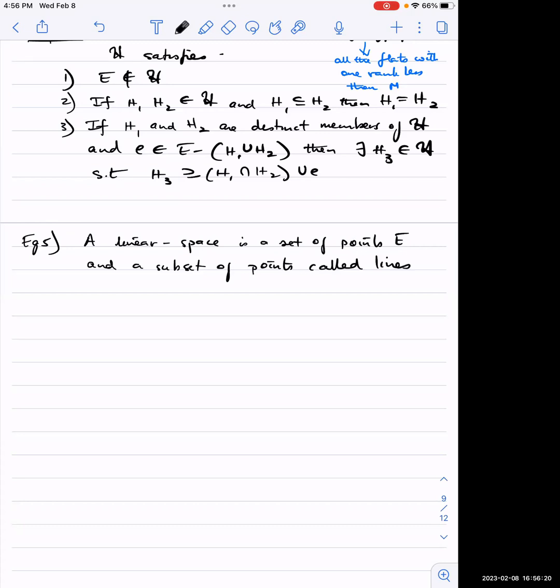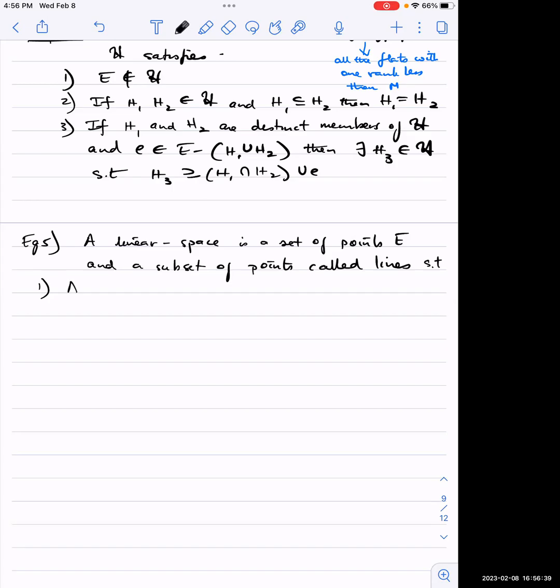Don't think graphs; these are points and lines in the plane, incidence structures, such that the usual properties of points and lines in the plane are satisfied.